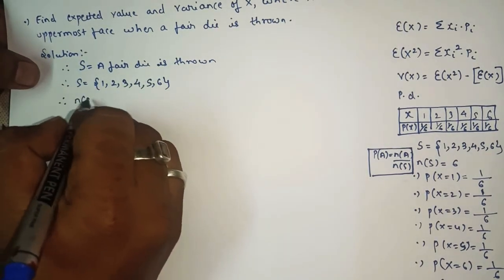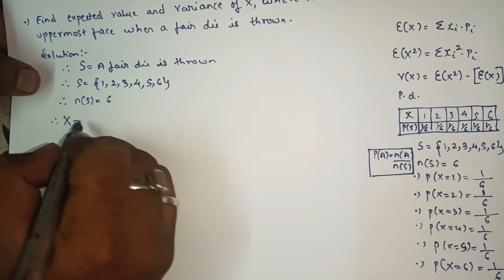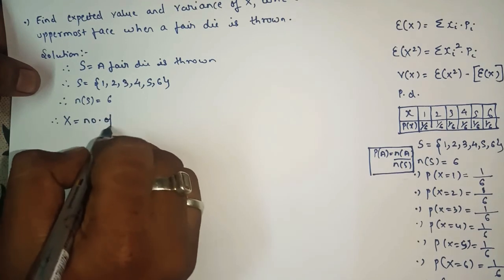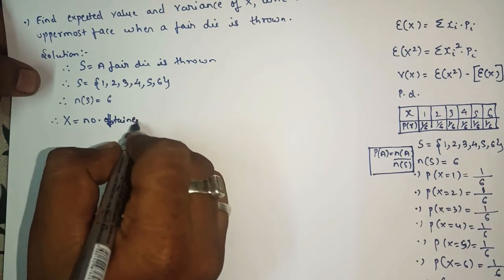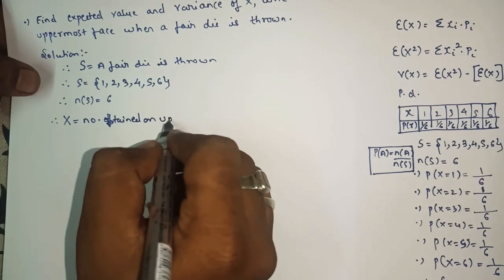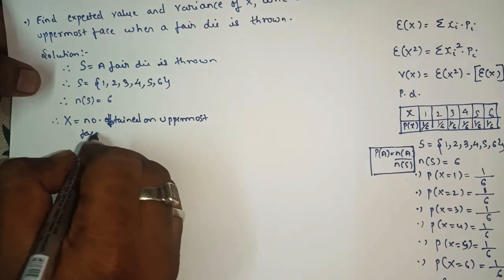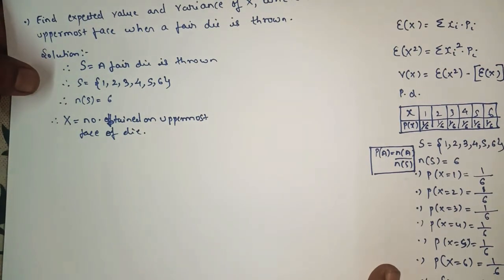So here we can say n(S) will be 6. Now we'll take X as the number obtained on the uppermost face of the die. Okay.